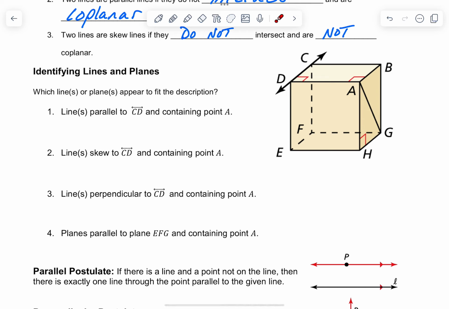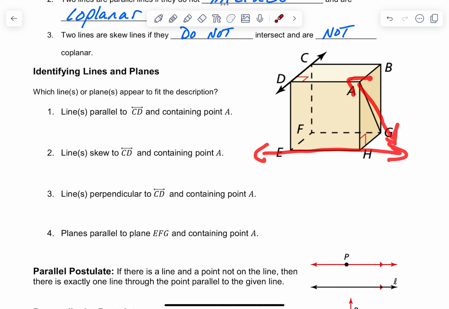To be parallel, for example, we'd have EH, and then we would have to have another line on that same surface. So that front side of the cube, both of these lines would be completely on that plane if it extended forever and ever. Now, if I look at this line EH, and then I'm thinking about a line that would be skew, an example that comes to mind right away would be this line AG.